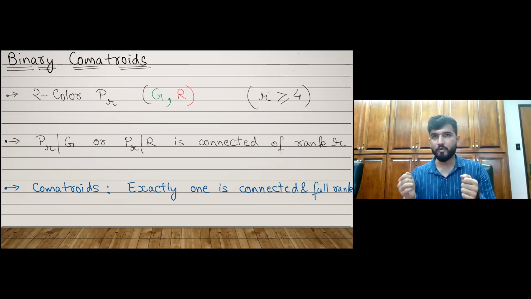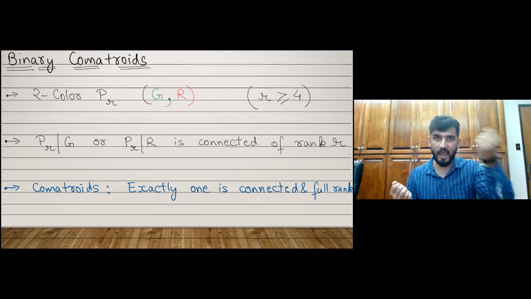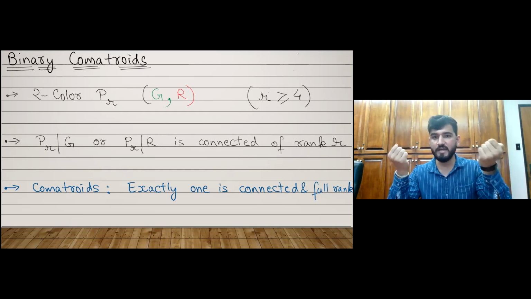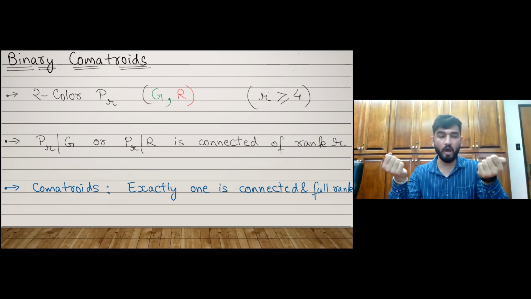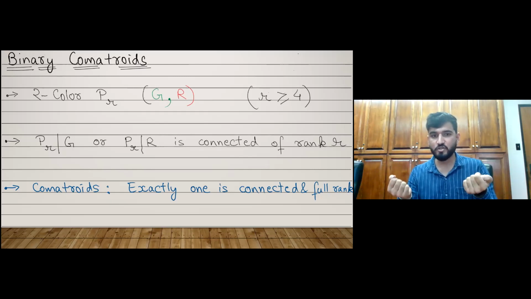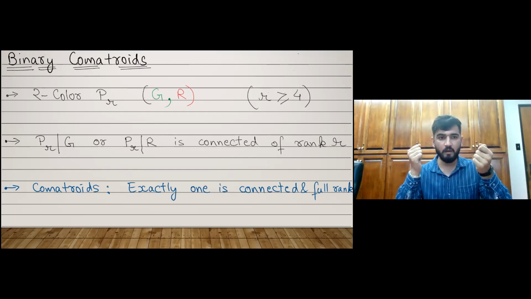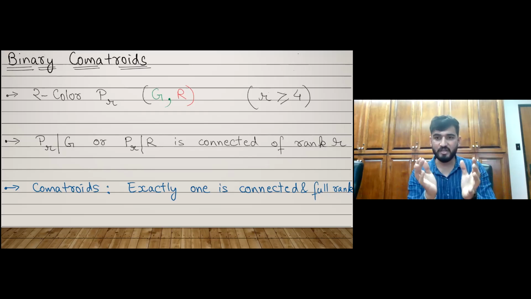When you two-color a projective geometry, you cannot have both disconnected. So either the red or the green is connected of full rank R. We actually proved something stronger than that, but let me not get into that. Either one of them is connected, but for comatroids, exactly one will be connected of full rank.